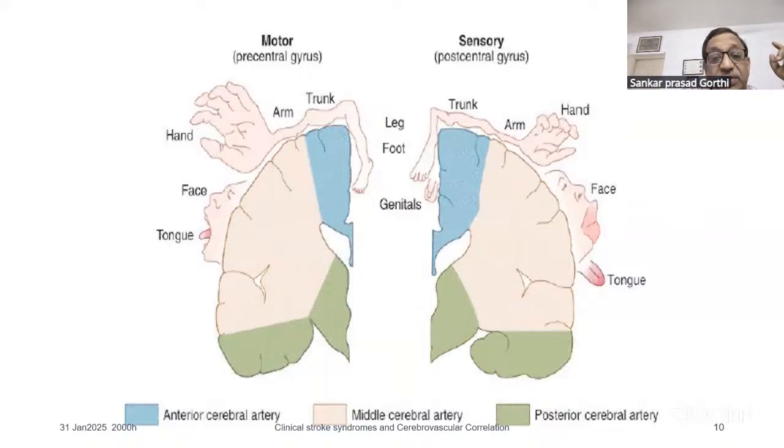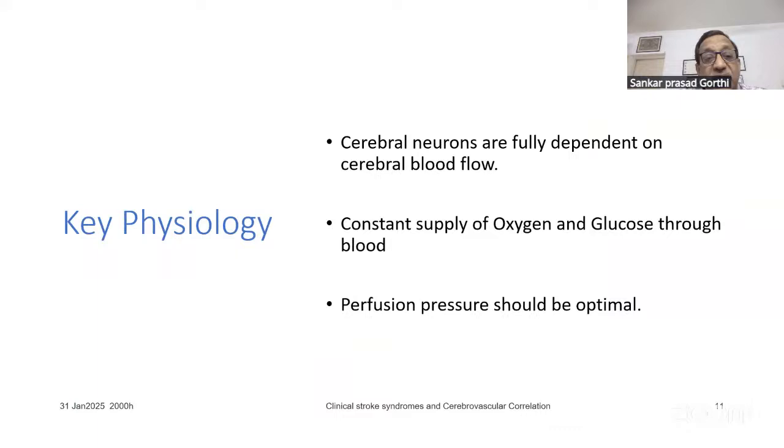That's very important. And now, after having dealt with the anatomy part of it, let's go through some key physiological aspects. Cerebral neurons are fully dependent on cerebral blood flow. So there should be a constant supply of oxygen and glucose through the blood.